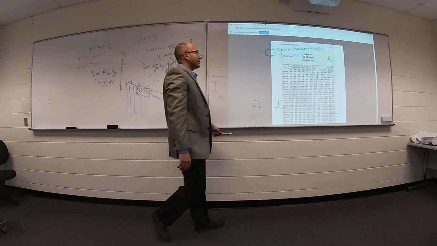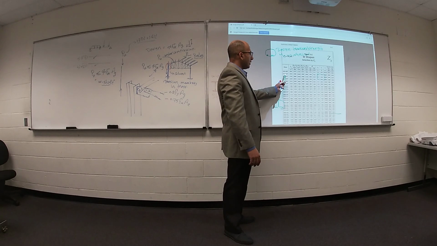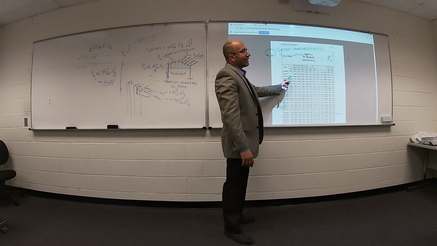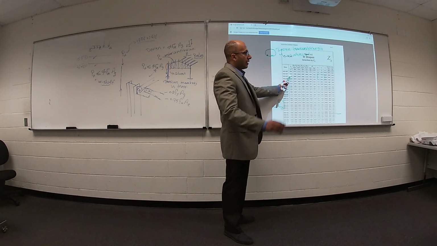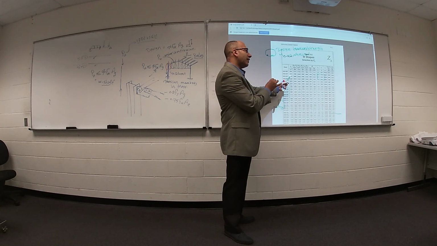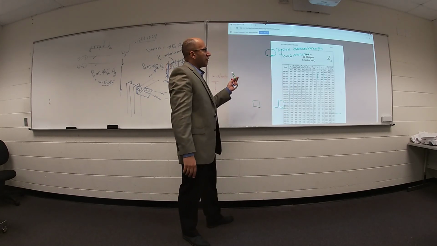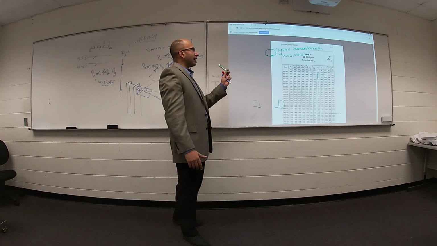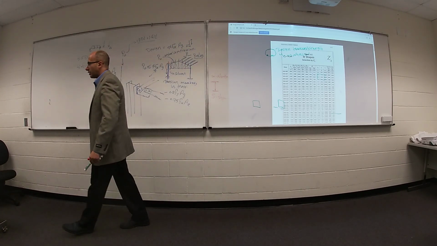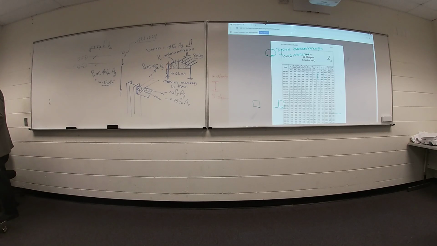Based on the name of your cross section, you can get your Zx directly. Zx times F yield, you can get your nominal moment. Nominal moment times phi, which is 0.9, you can get your design moment. That's all. It's very simple in steel.